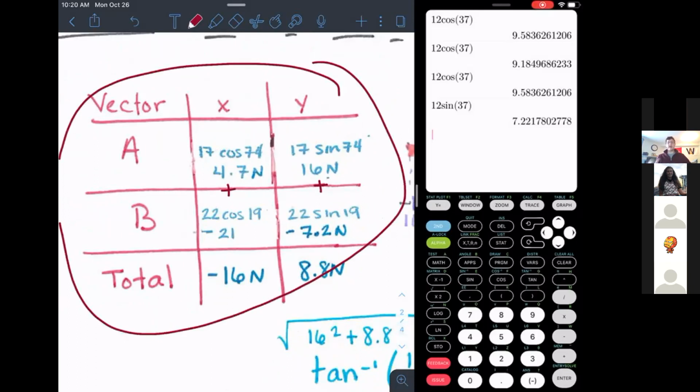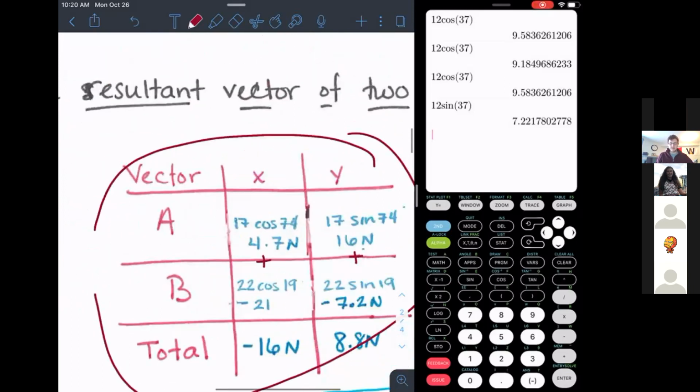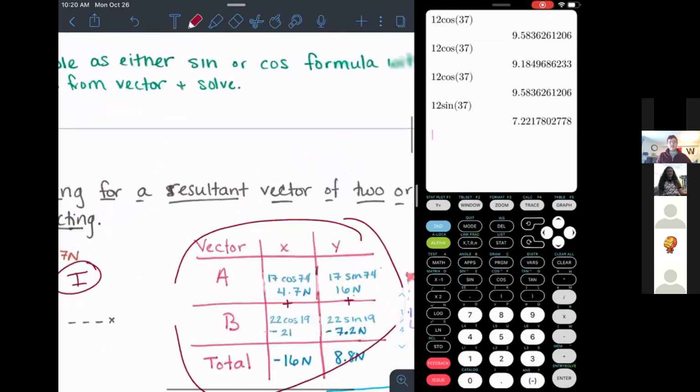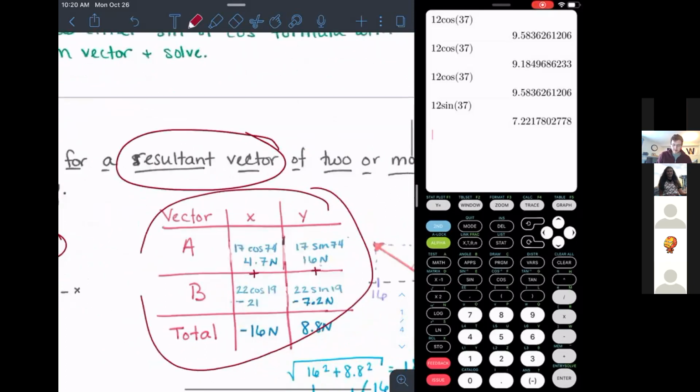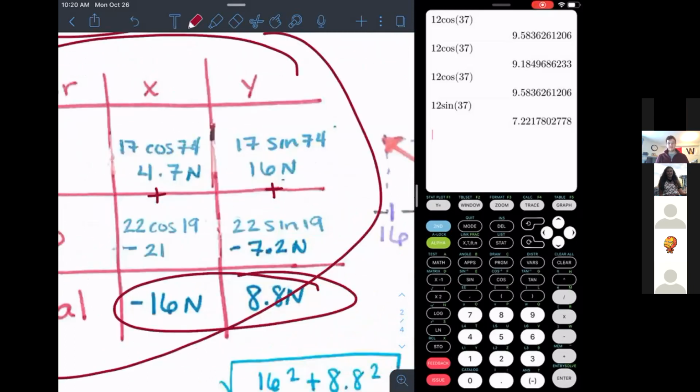All right, so we're not done, because what they want us to do afterwards is find the resultant vector, which just means the one vector that adds the 2 of them together. So we are going to draw the vector from our total.